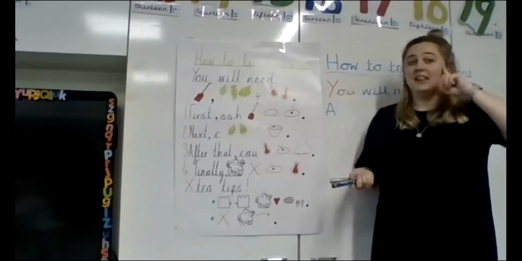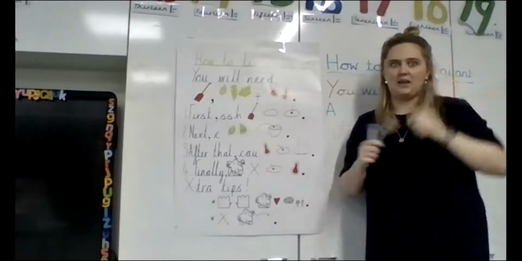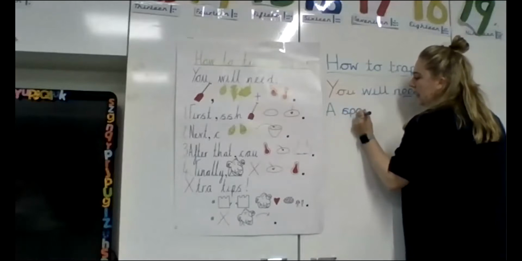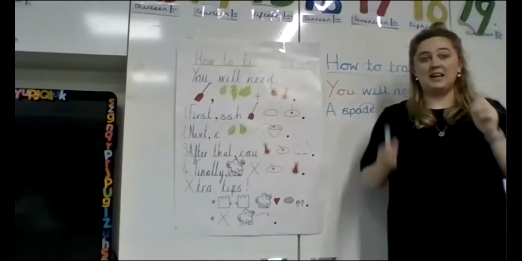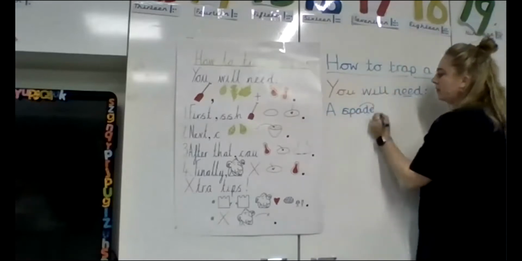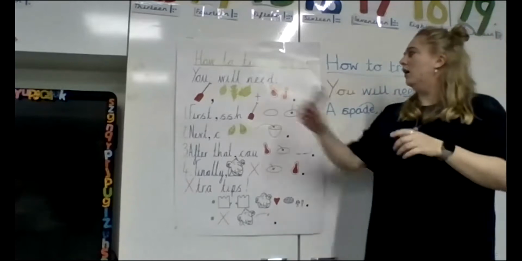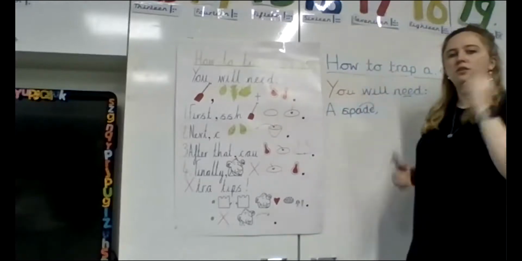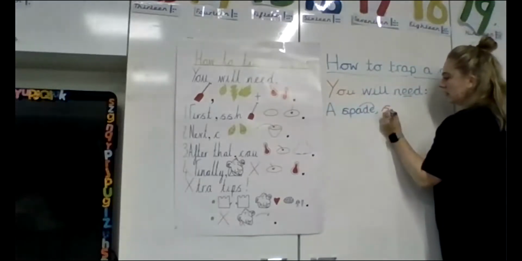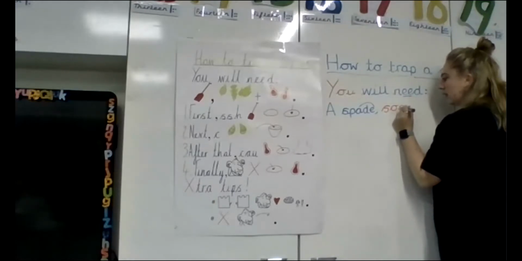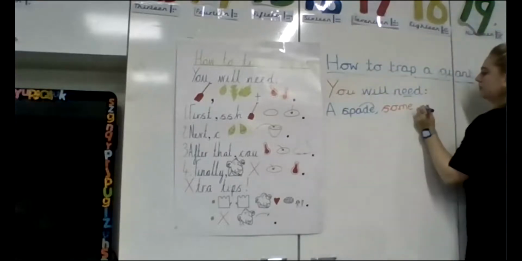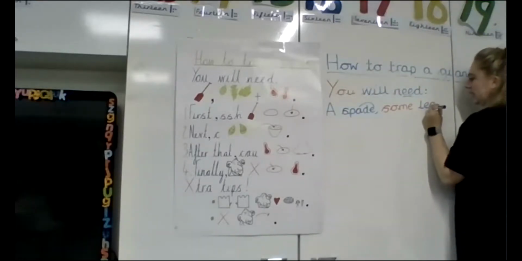Spade. That sounds to me like our split digraph a. So let's try it. A, spade, comma, must remember, some leaves. So "some" is a red word. Some leaves.